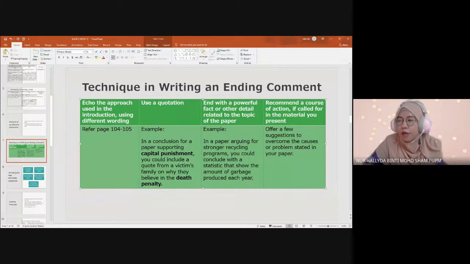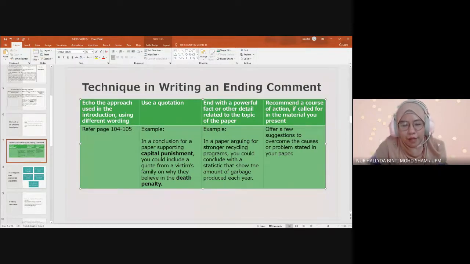Okay, so quotation. And then the third technique, end with a powerful fact or other detail related to the topic of the paper. Let's say your paper argues about a stronger recycling program. You could conclude with a statistic that shows the amount of garbage produced each year. Again, to be dramatic, because at the end of the day, you want to end your paper with a bang.